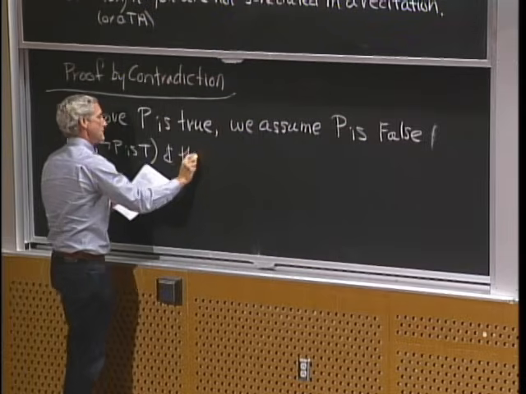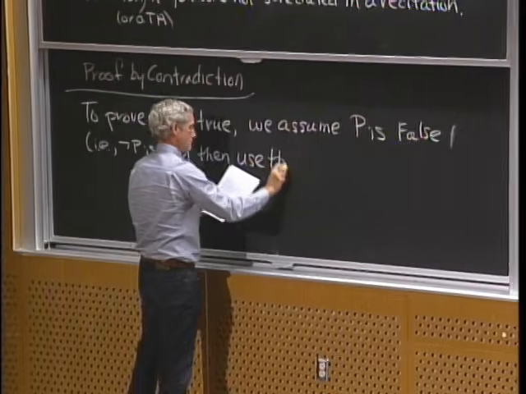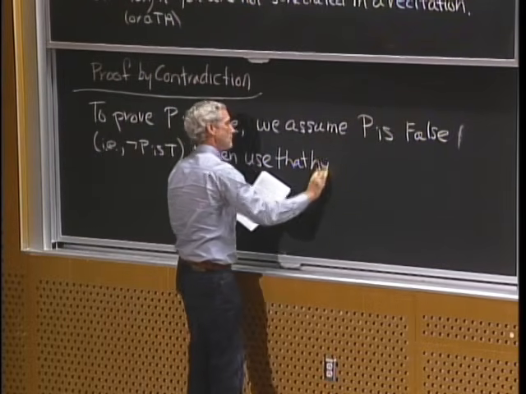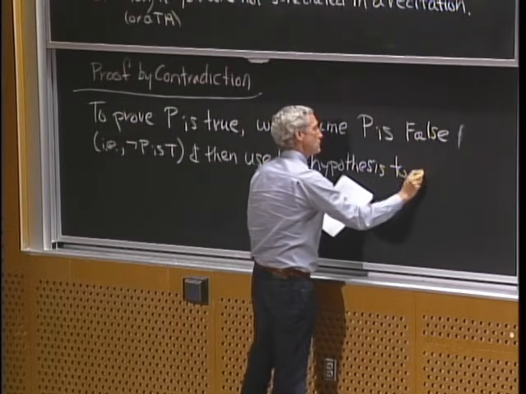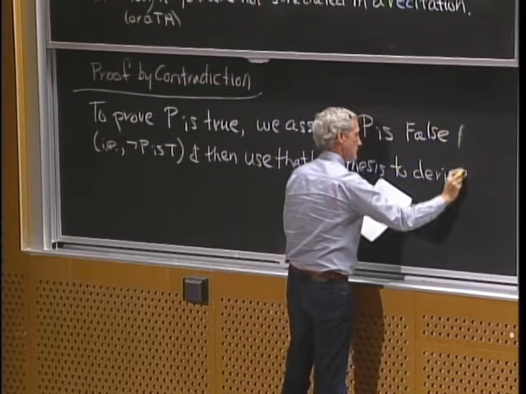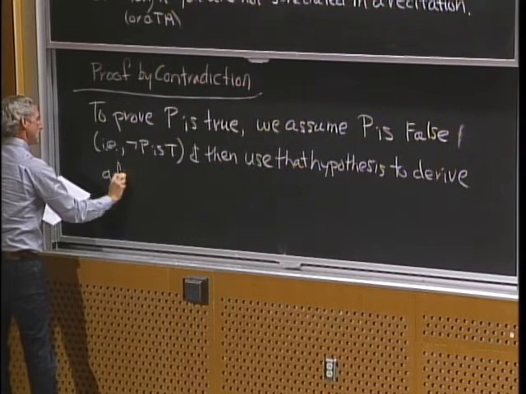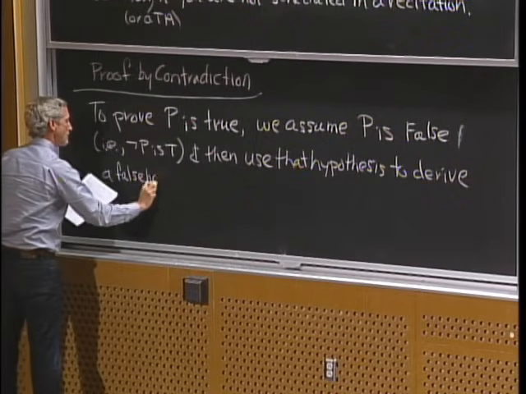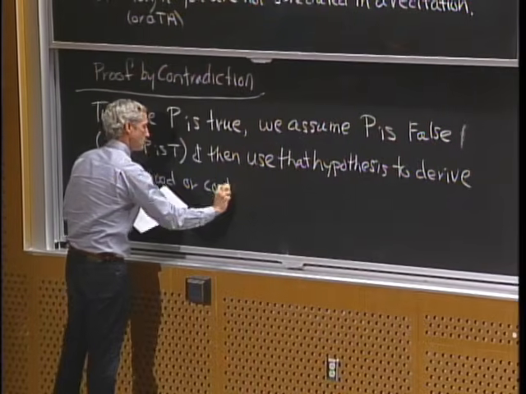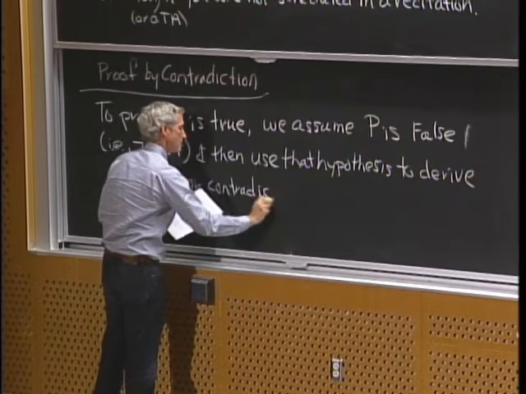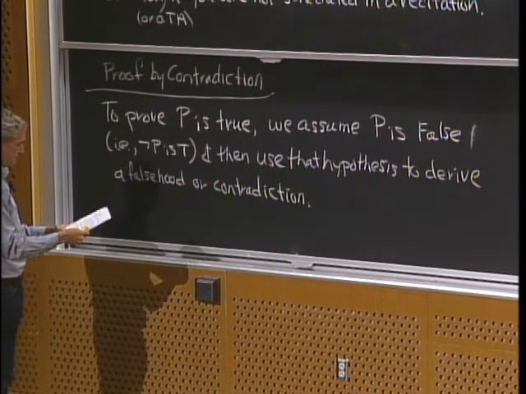And then you use that hypothesis, namely that P is false, to derive a falsehood. In other words, you prove a falsehood is true. And this is called deriving a contradiction. And so it must be that, in fact, P is not false, namely that it's true.